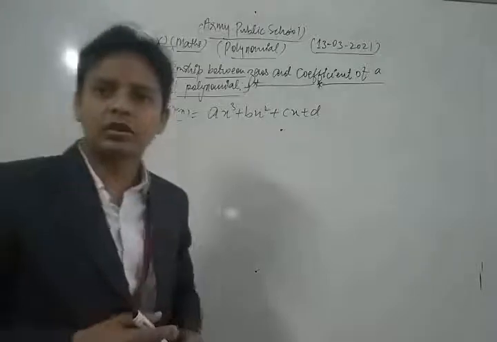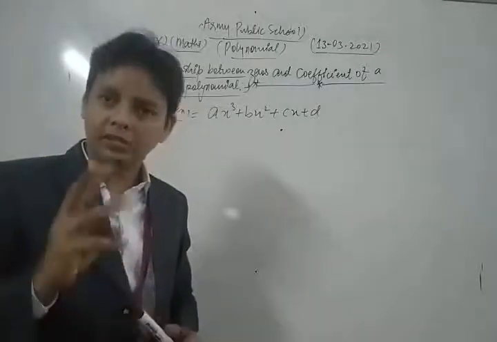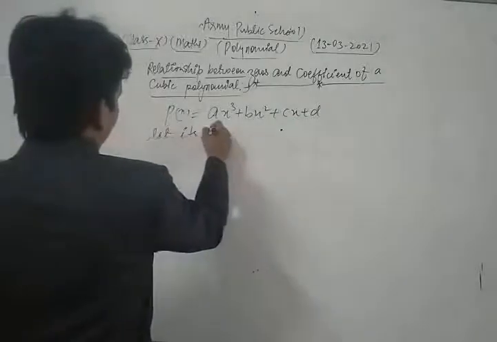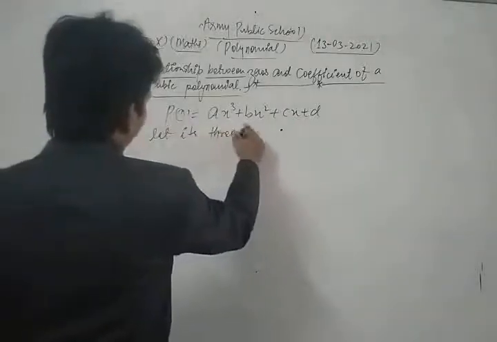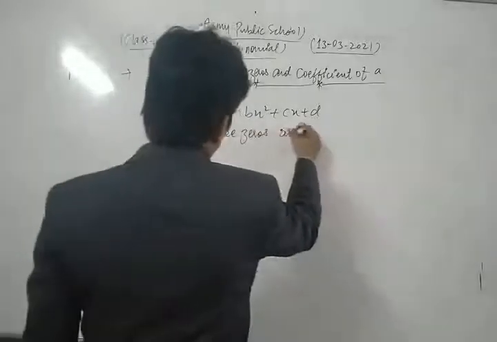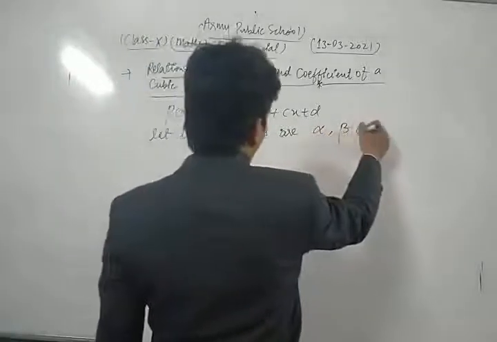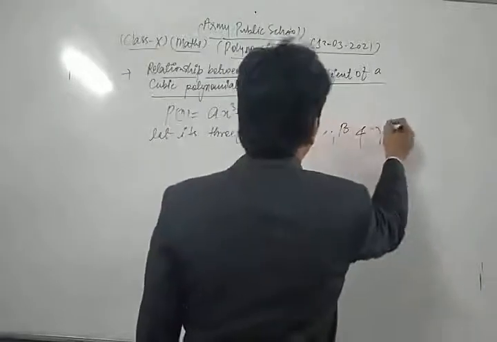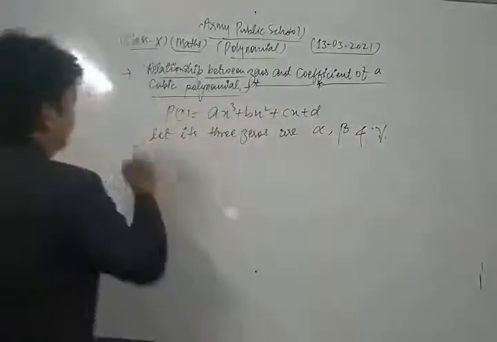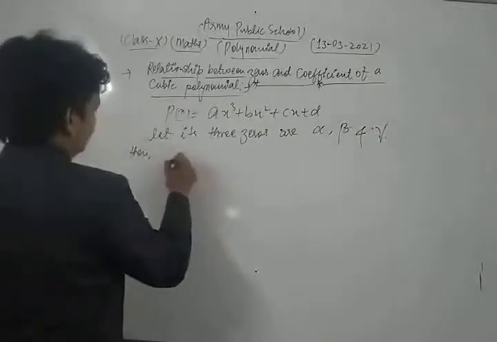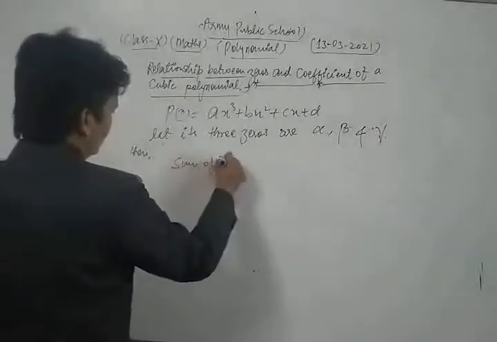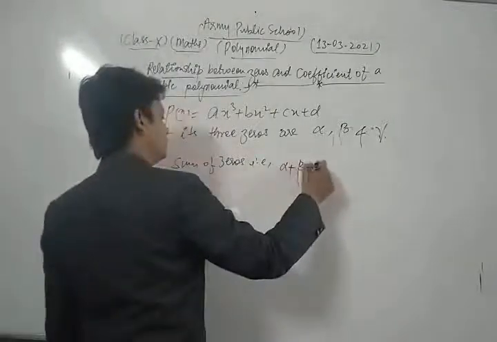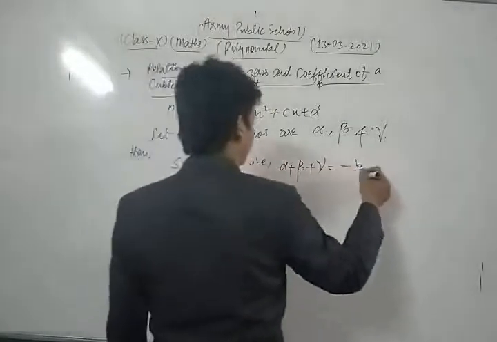So how many zeros does a cubic polynomial have? There are 3 zeros. Let its 3 zeros be alpha, beta and gamma. Then the sum of zeros, alpha plus beta plus gamma, is equal to minus b by a.